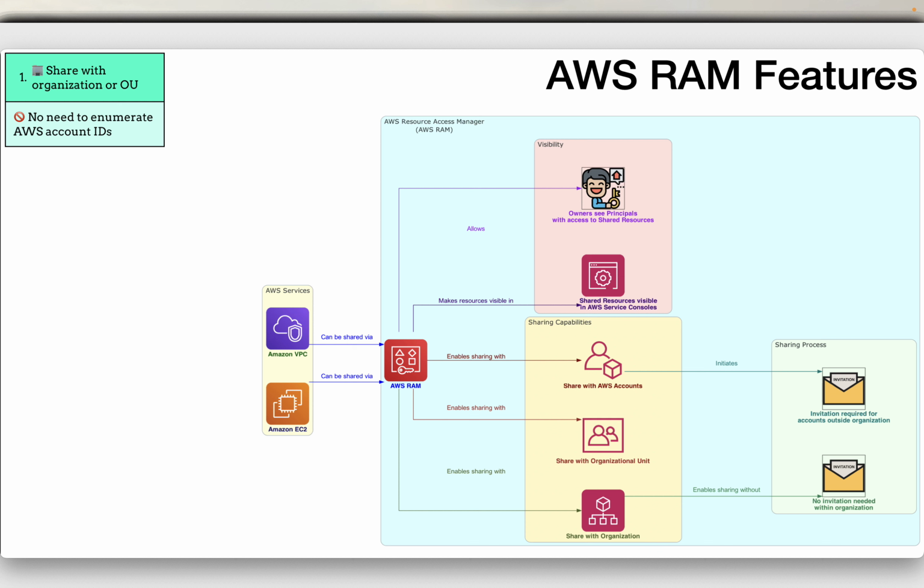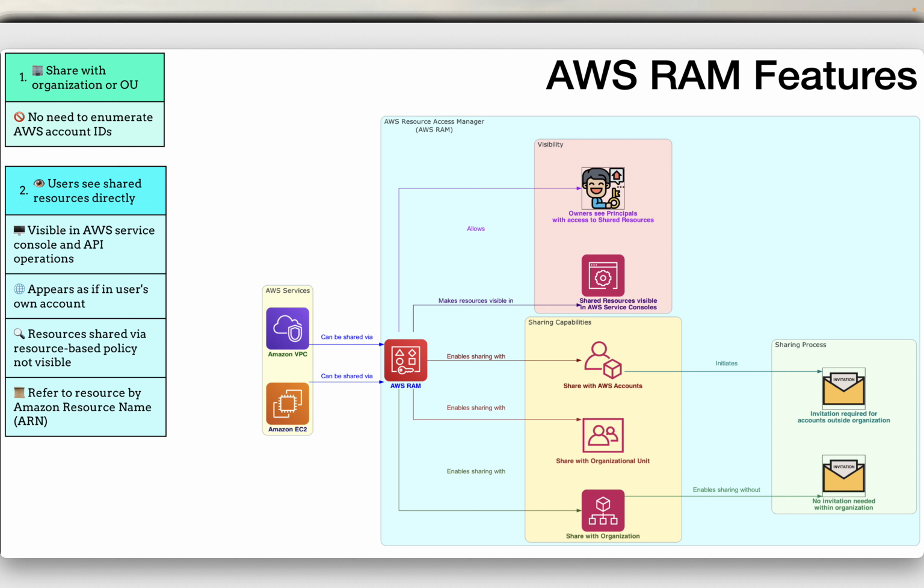You would have to create a lot of resource-based policies and identity and access management (IAM) policies. But if you do it through AWS Resource Access Manager, you can share it across the whole organization, or you can group multiple account IDs into an OU, and then you can just share it with the OU also.